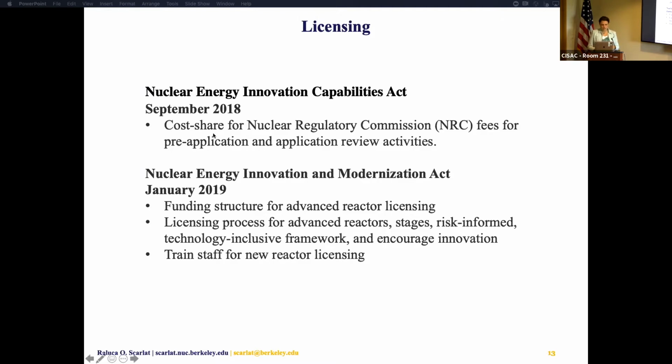In 2018, the Nuclear Energy Innovation Capabilities Act called for cost share for the fees to the Nuclear Regulatory Commission. And this is very important because the first MSR reactor that will be licensed will bear most of the uncertainties and most of the costs of licensing.